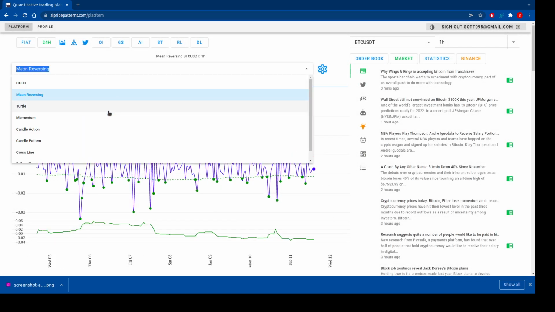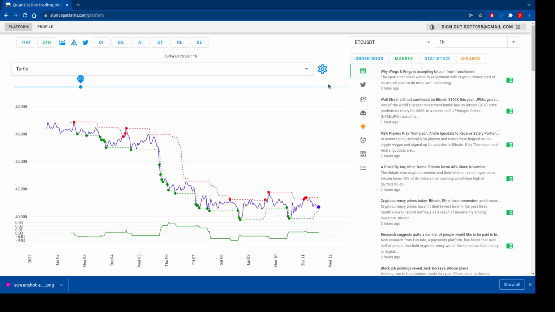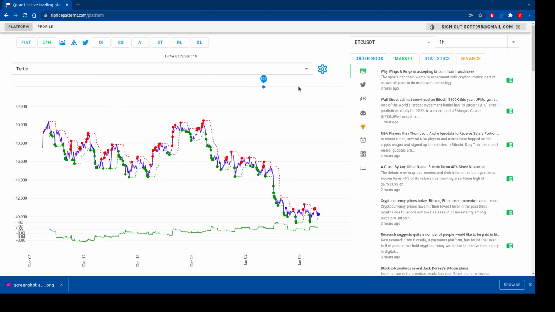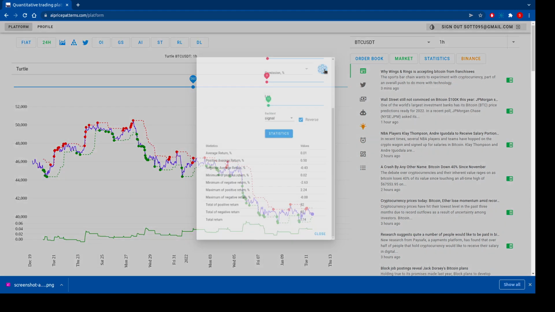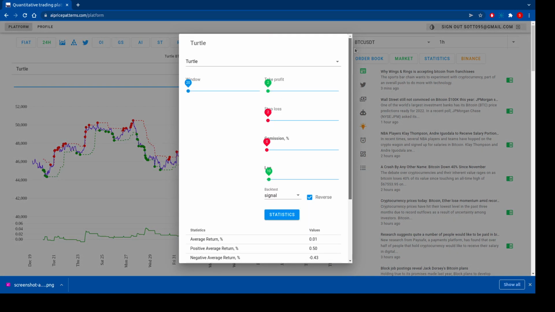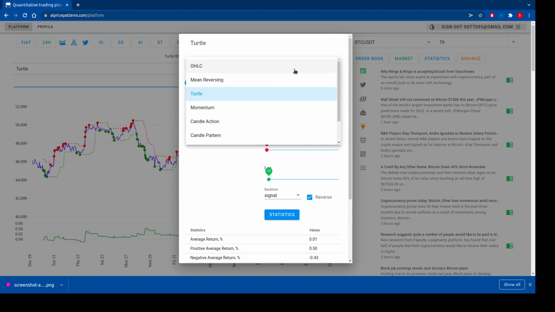And let's check turtle, for example. Maybe turtle. Okay, we have some safe dependency, but maybe it's not good for this strategy.